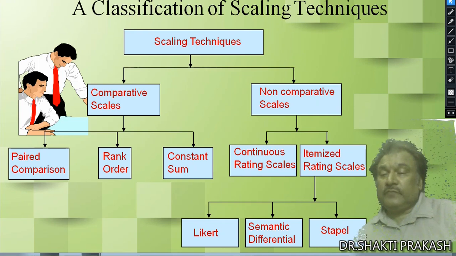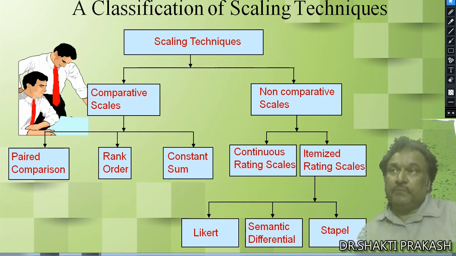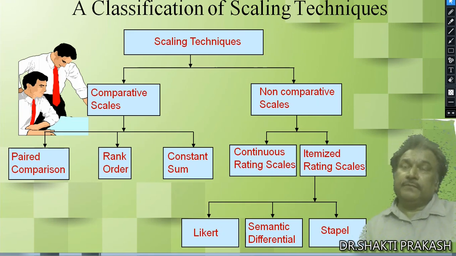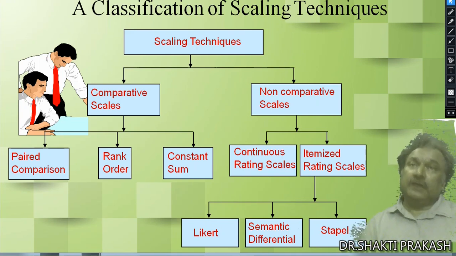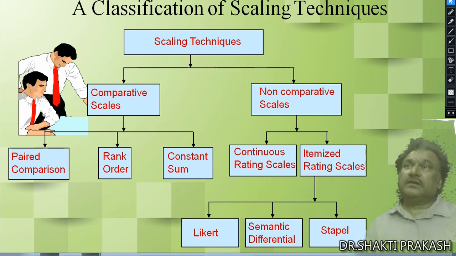Paired comparison, you have understood, means we compare in pairs, one product or brand compared with another brand, the number of brands may be 3, 4, 5. I have told you that method, with Dove, Sunsilk, Pantene, Head and Shoulders, Clinic Plus as the example.